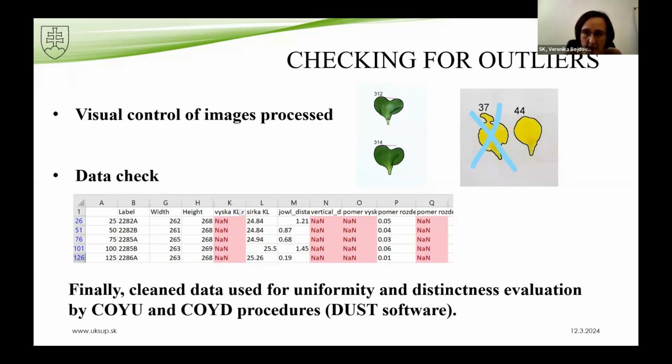This is the image numbered 314. Or the object outline can be incorrectly detected, by petal number 37, for example. The cleaned data are finally used for COYU and COYD procedures to evaluate the candidate varieties by the DUS software. Next slide, please.